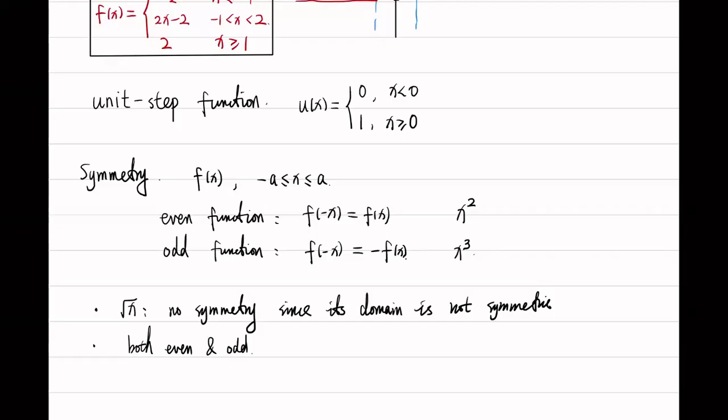Any function that is both even and odd. Well, it's not easy to find an interesting one, because in this case the only function is the zero function.